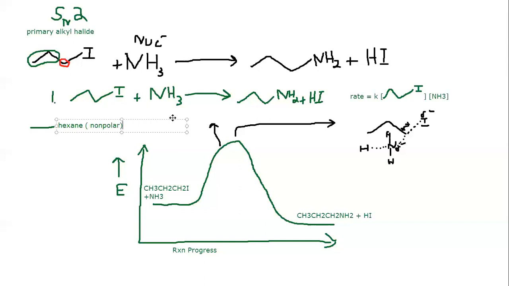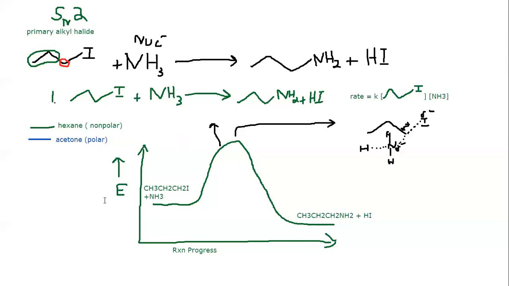Now let's say that we change up the solvent, and instead of using a non-polar solvent, now we're going to draw a blue curve where we use a polar solvent. So when I draw the blue curve, we're going to use the solvent, for example, acetone, which is polar.